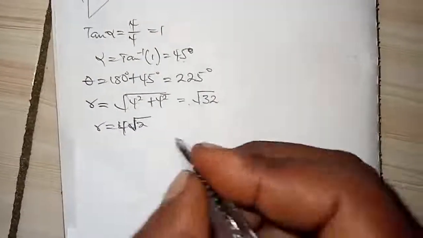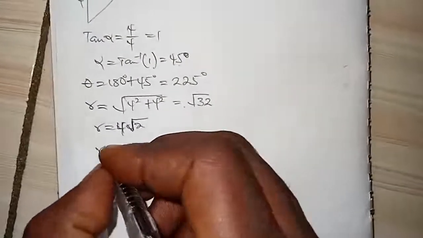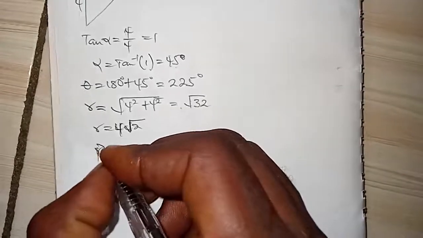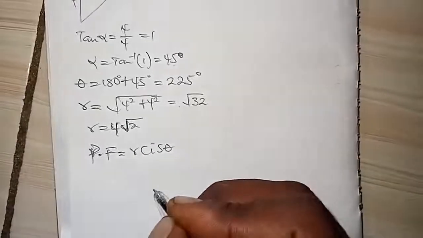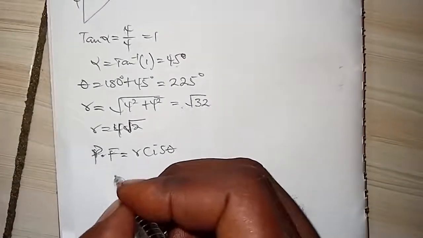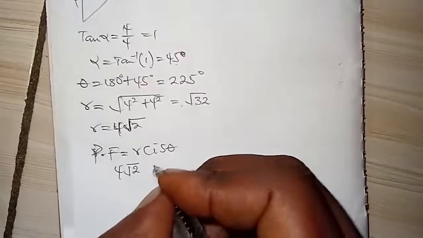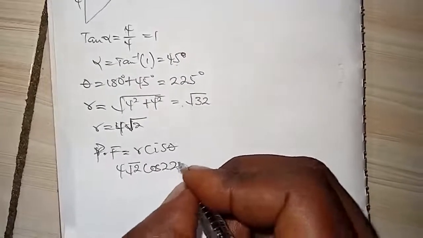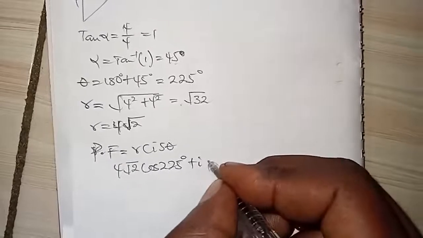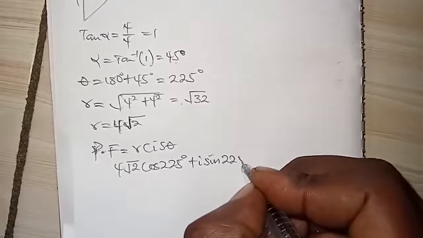So we can now combine and say the polar form is r cis theta, which is 4 root 2 (cos 225 degrees + i sin 225 degrees).